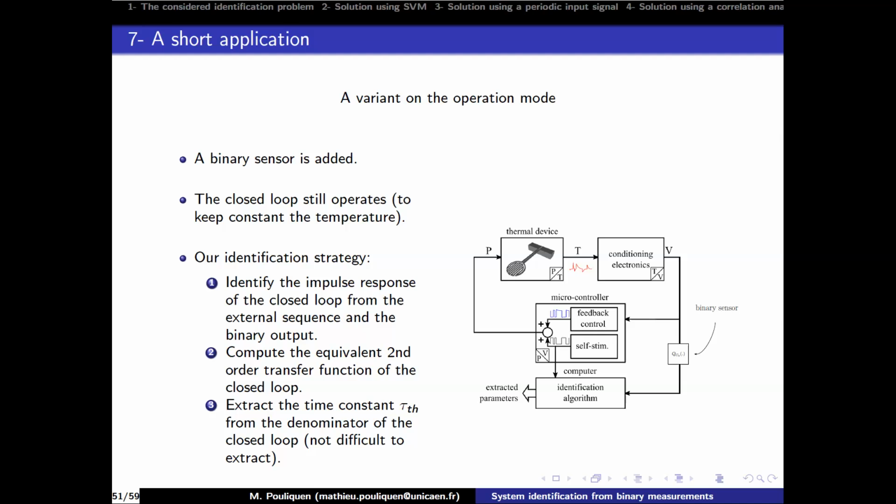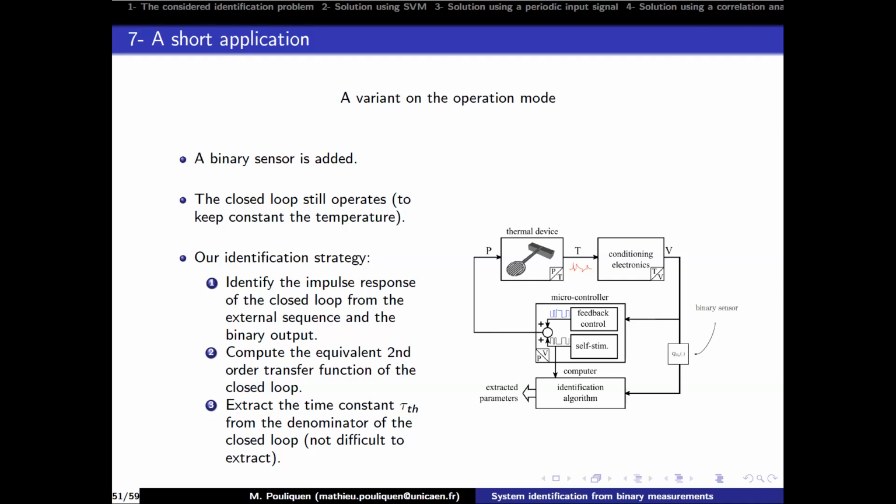I know only the binary output. The procedure is the following. First, from this binary data, I identify the impulse response of the closed loop. Once I have the impulse response, I simulate it in order to have an idea of the real output.